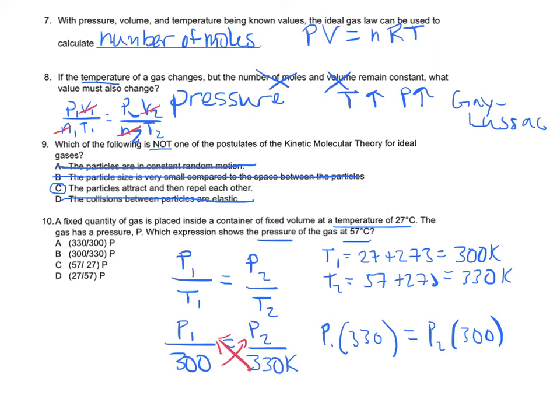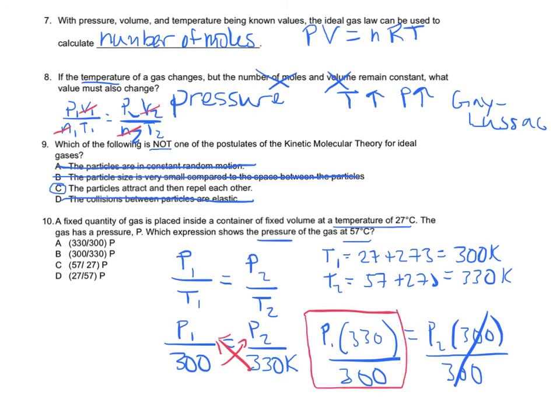Okay, so now if we're trying to figure out what expression shows the pressure at that final temperature, that means we're solving for P2, so we need to divide both sides by 300. Okay, so that cancels that out. So this is what we're left with right here: the pressure times 330 divided by 300. So our answer choice is A, 330 divided by 300 times the pressure.